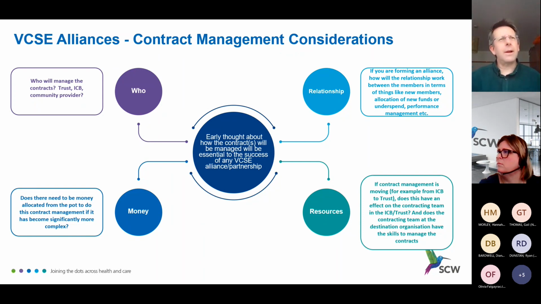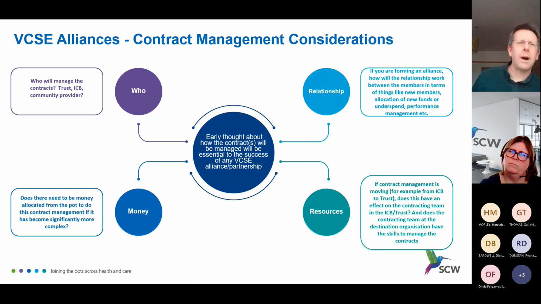You need to look at forming relationships. What we believe is probably the best language to use around some of this is working in alliances. So as far as the NHS is concerned, and we'll go on to some of the arrangements later, we are not very good at one-to-many contracts, and we actually don't have formal contractual arrangements within the NHS that allow that one-to-many arrangement.